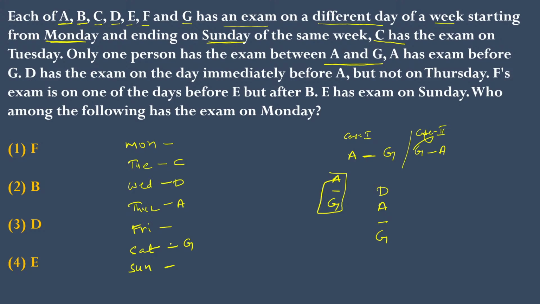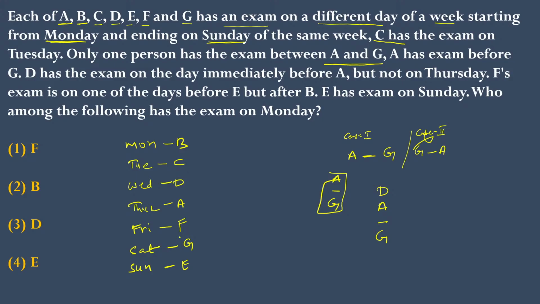F's exam is one day before E, before E but after B. So where is B here? Only one position is pending for B, that is here. After B and before E, the one position is F, Friday. So this is the arrangement.